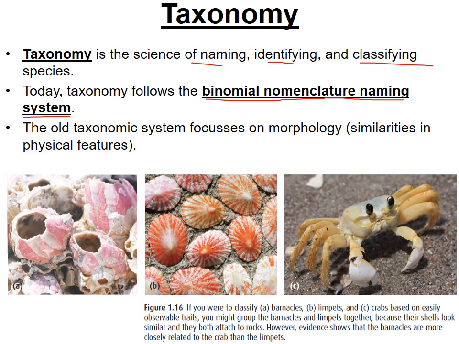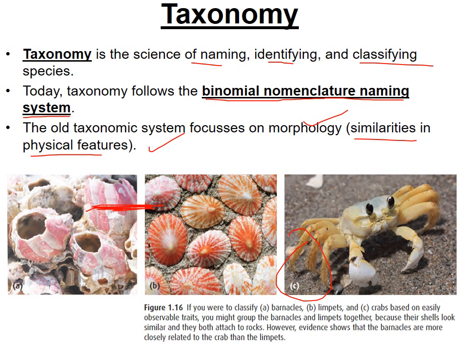understand. The old taxonomic system, which means the old organization system, focused mostly on morphology, so similarities in physical features. But as we know, that's not necessarily the best way to do it these days, because some of the similarities could be analogies. So you might look at these two organisms and think that they're more closely related to each other than, let's say, this organism here, than they are to this organism.